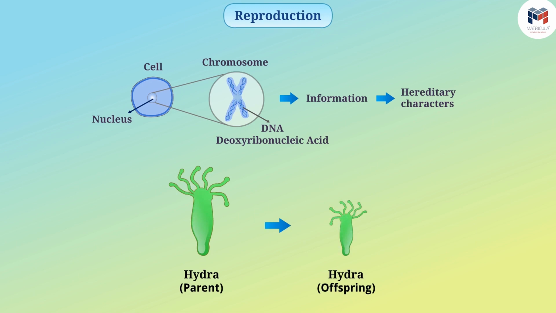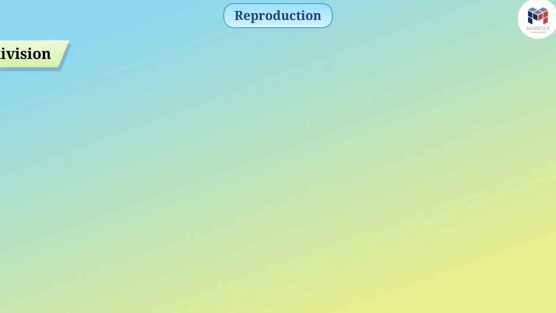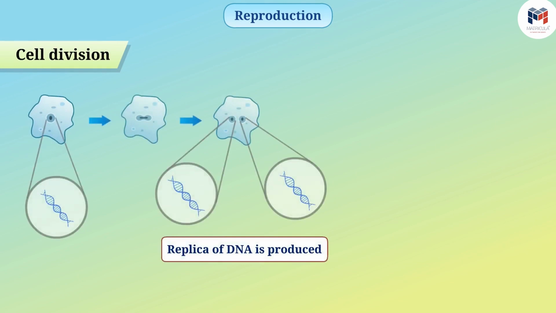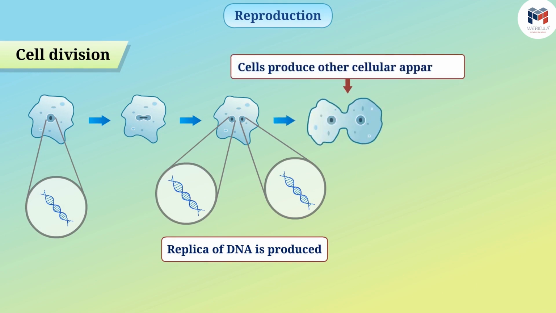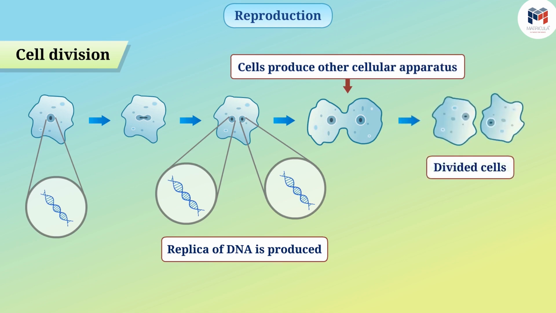Basically, the main event in reproduction is producing a replica of DNA. The replica of DNA in the cell is produced by various chemical reactions. After producing the replica of DNA, cells produce other cellular apparatus, and then it gets divided such that each cell gets DNA.